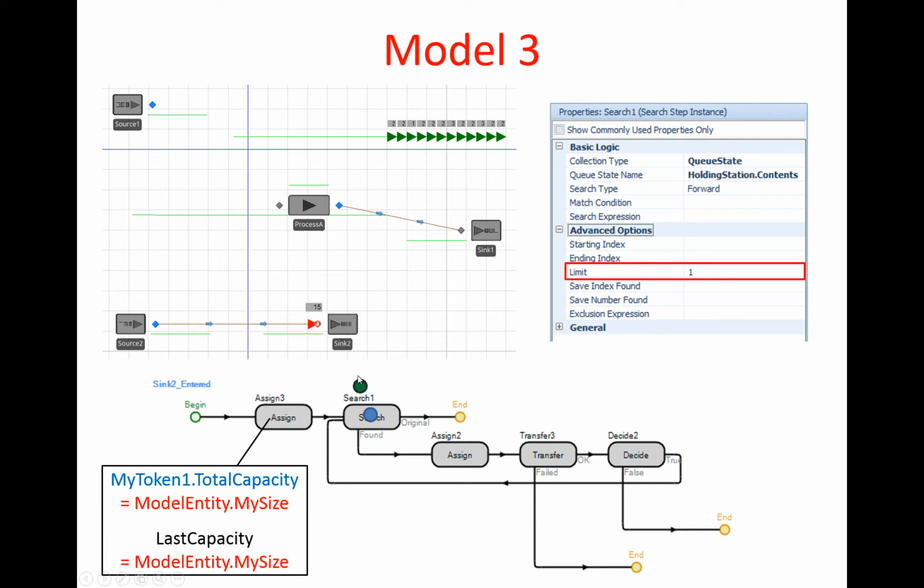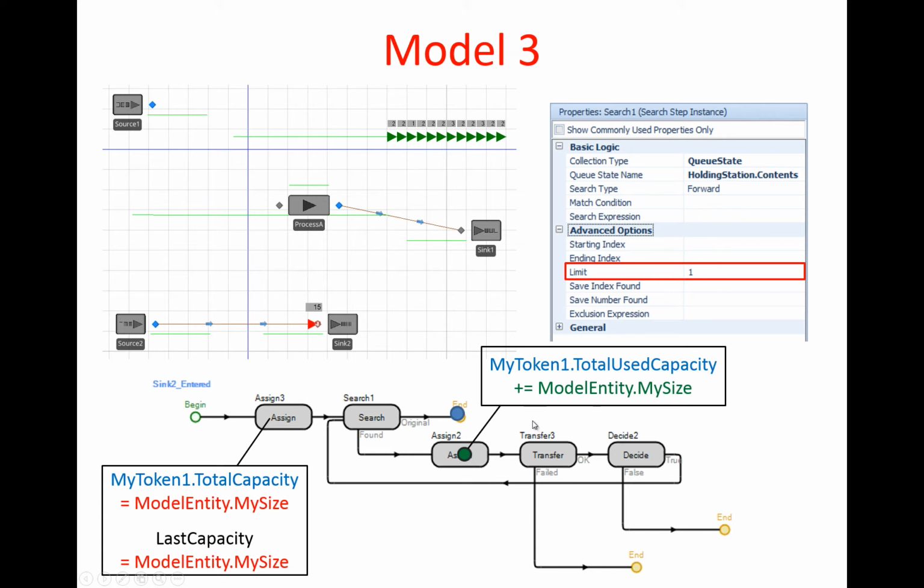A token will be created that is associated with the first type A entity in my station. My original token will take the original branch, and the token associated with this entity will take the found branch of the search step, and then I go to another assignment where I accumulate my size.